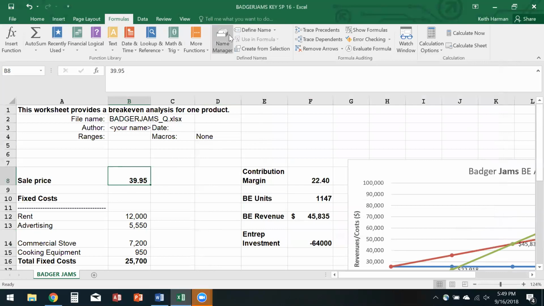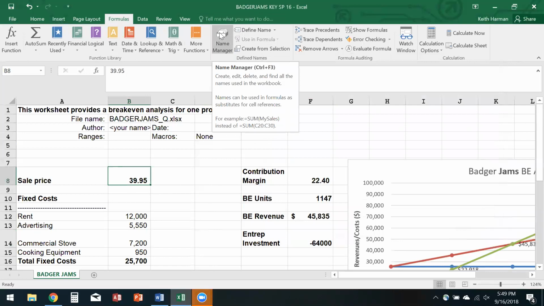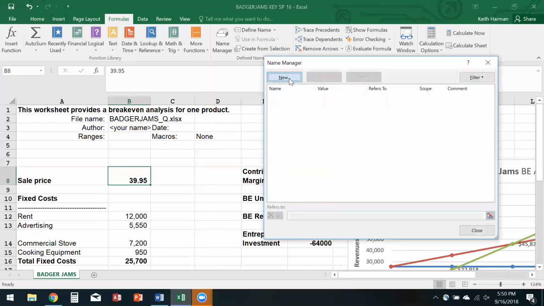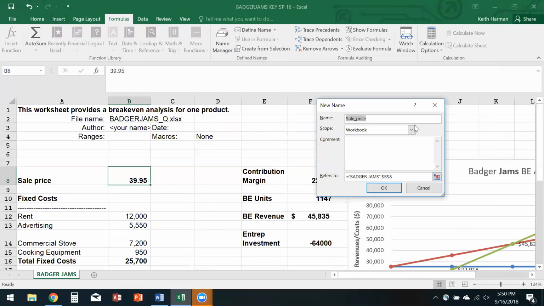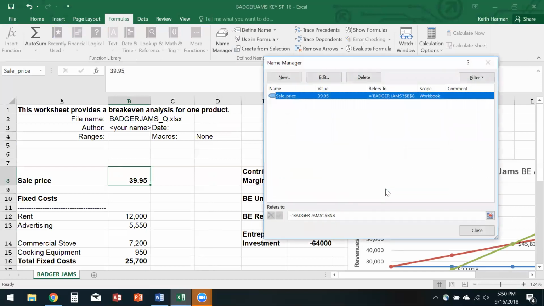And again, we do that, and we'll just do a couple of these, and we're going to click New. And we already have a name for it. It's called sales price. Okay, it's in B8. And it's going to define that for us.